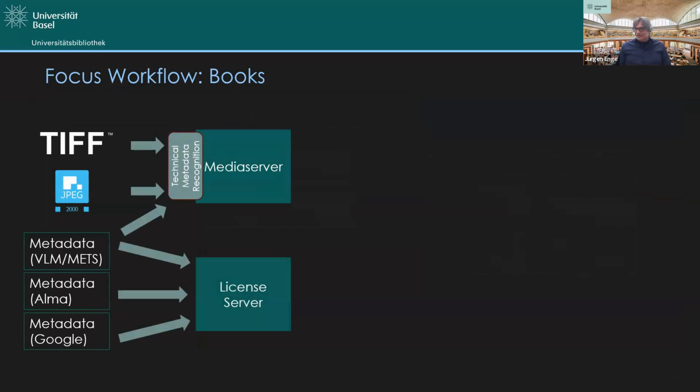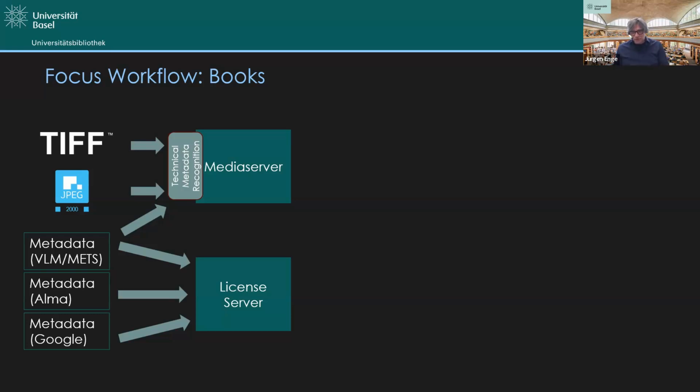Additionally, all this metadata is sent into a license service, and this license server tries to extract from the metadata what license this file has. We don't want to have anything in our archive without a license. So if it's Creative Commons, we are happy. If not, we want to know which license it is.